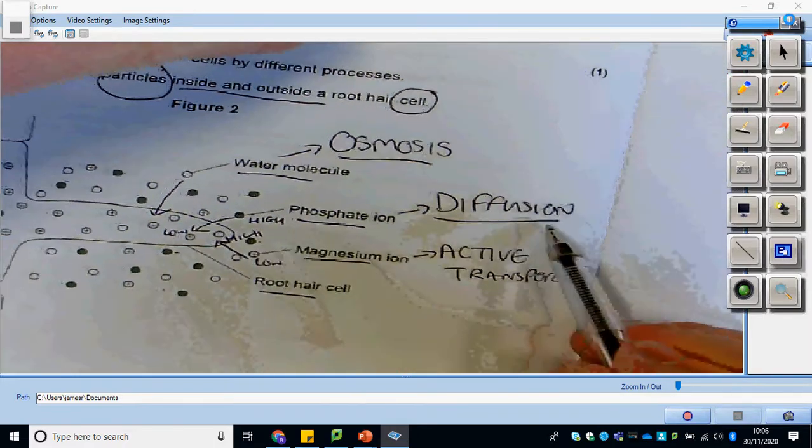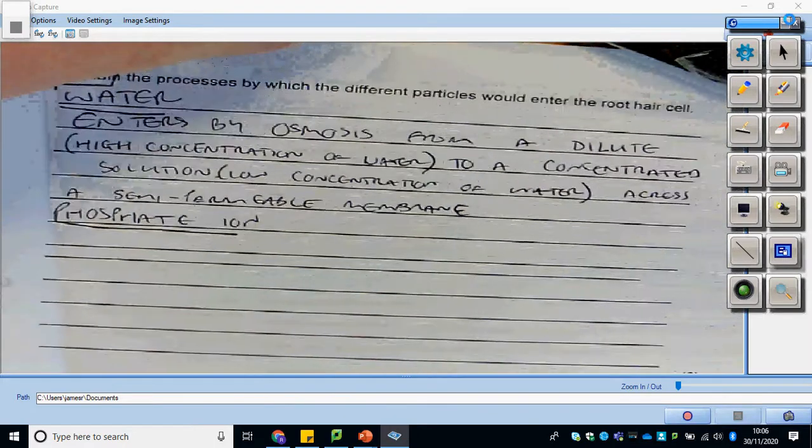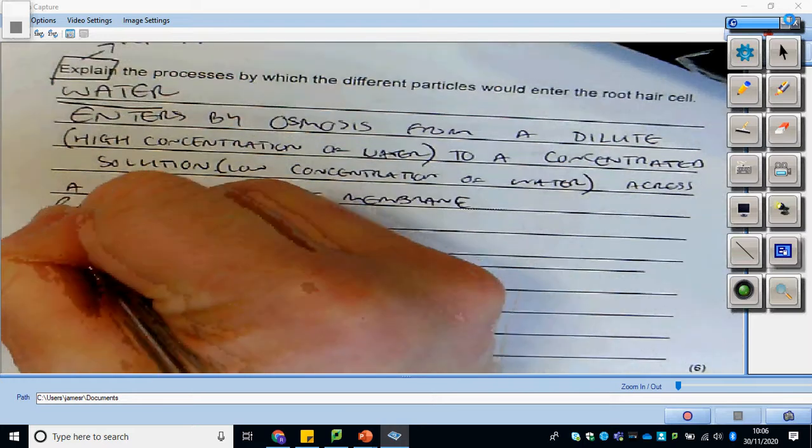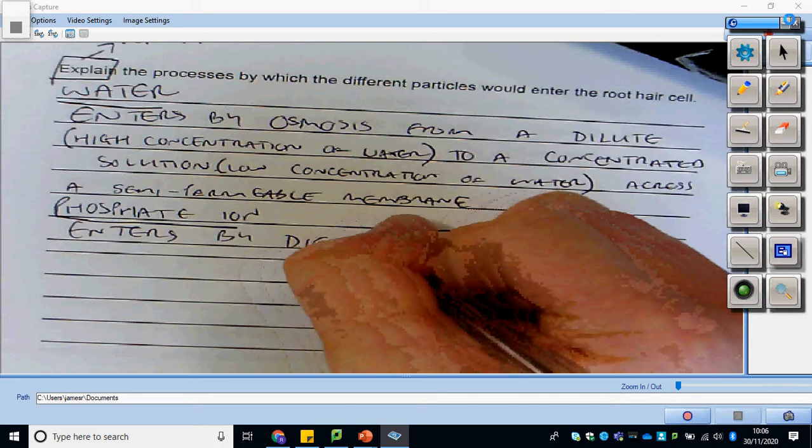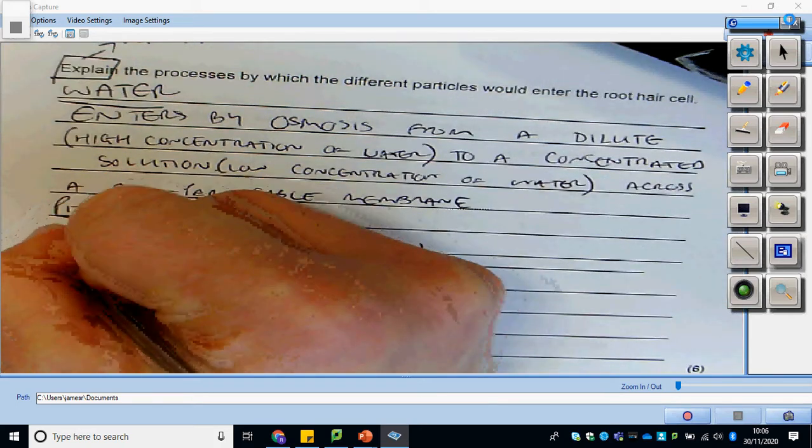Right, next one is the phosphate ion. Let's have a look at the phosphate ion again. The phosphate ion moves from a high concentration to a low concentration via diffusion. So, phosphate ion enters by diffusion. Now I've got to state why.